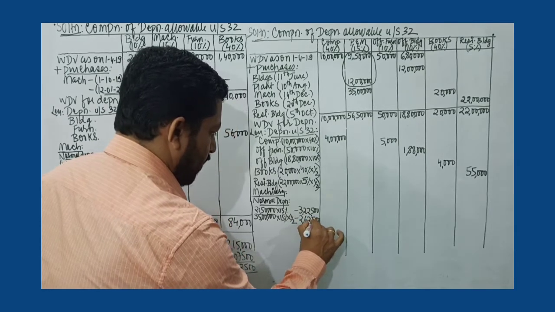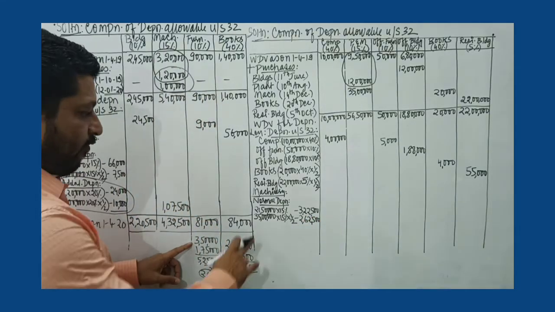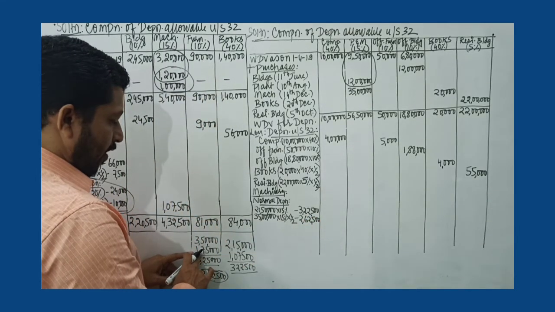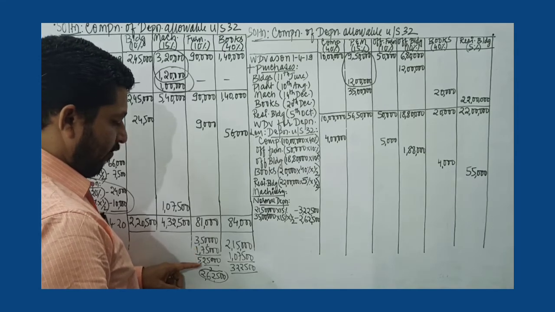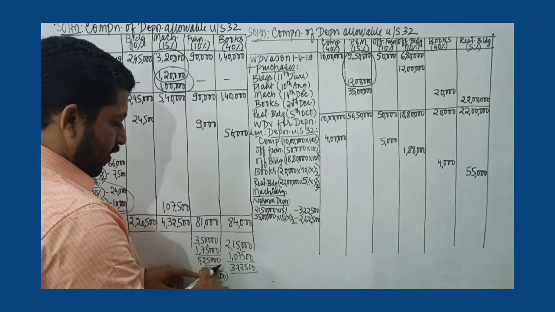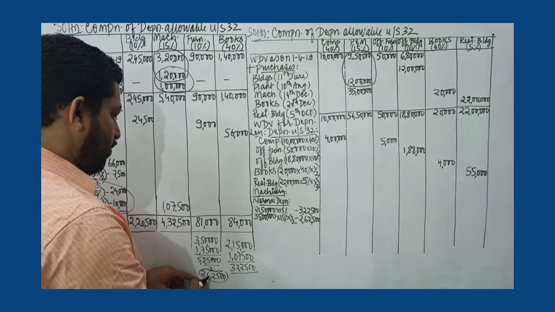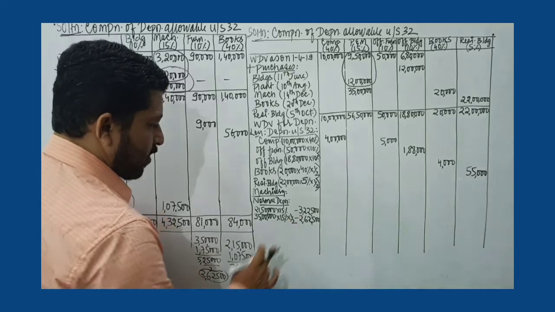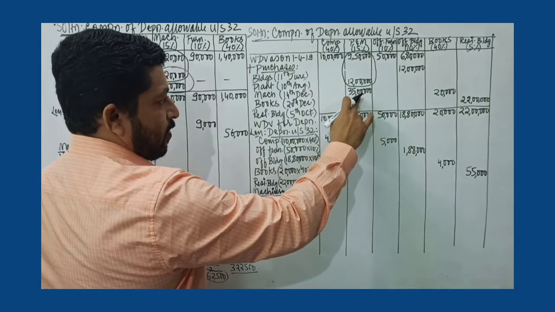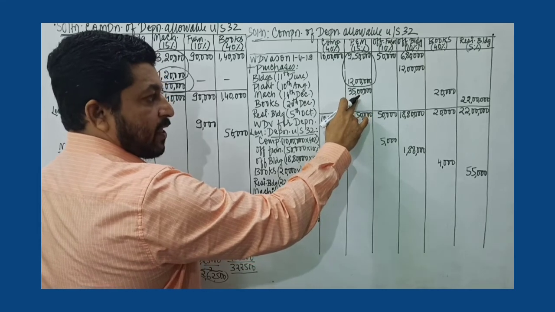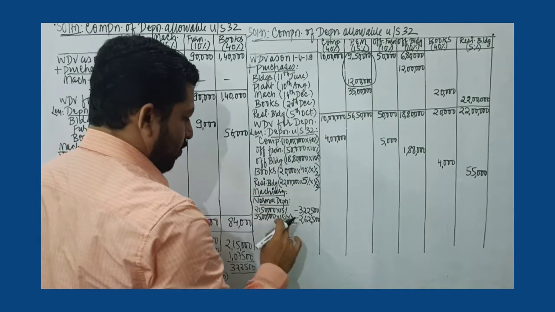So once again, I'll just calculate. 3,50,000 is 10%. Then half of that is 1,75,000. So total would be 5,25,000. Half of 5,25,000 will be 2,62,500. Yes. Now this is normal depreciation. Since this is purchased and put to use for less than 180 days, it is half year's depreciation.